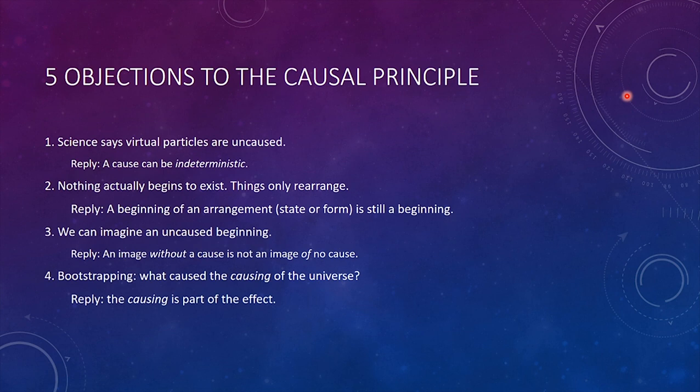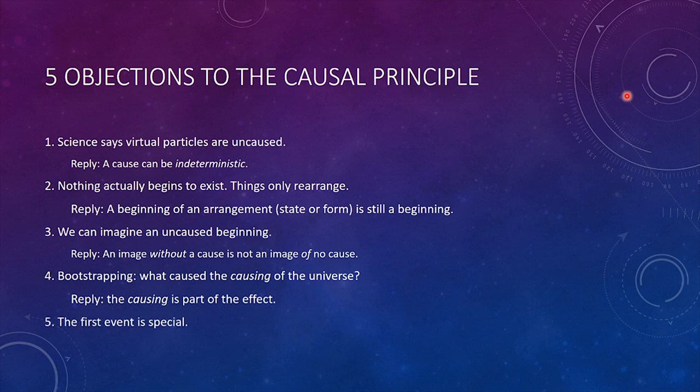So if X causes Y, then by causing Y, X thereby also causes the causing of Y, and the causing of the causing of Y, all the way out to infinity. Whether this is an actual infinite or a potential infinite, we can leave to the side, because in either case, what I want to suggest is that the causing is part of the effect. It's not an additional thing that has to first be caused in order to produce the effect.